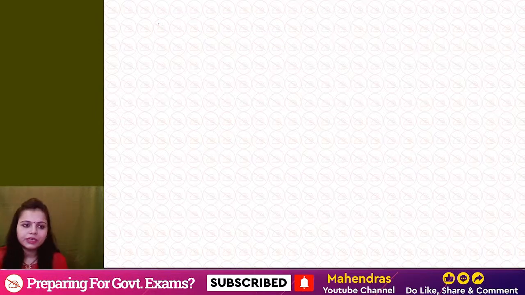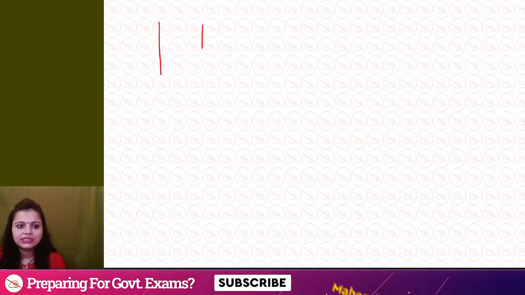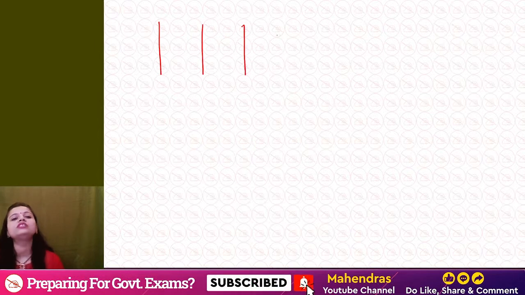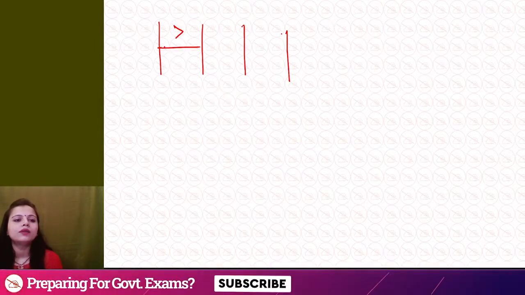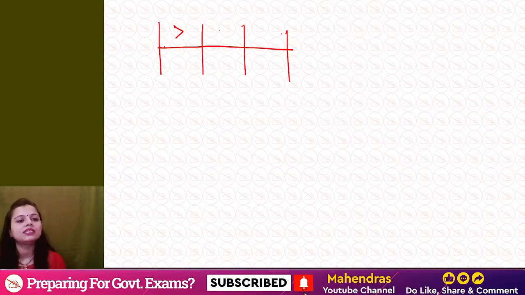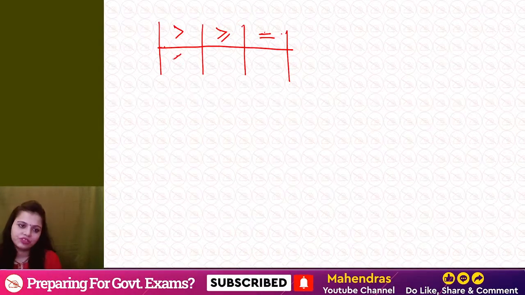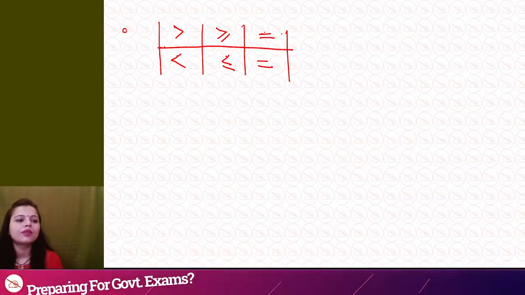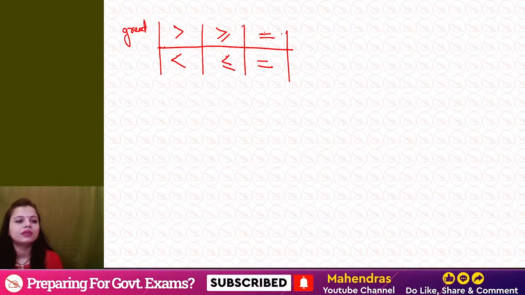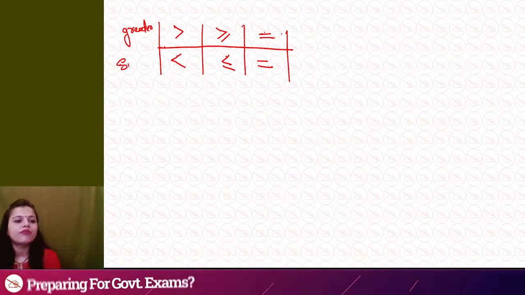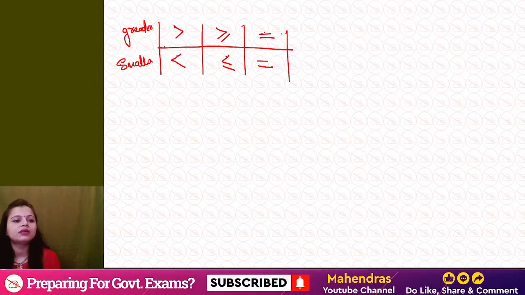First, we are learning these signs with the help of a table. In group 1, we get three signs: greater, greater equal, equal. In group 2, we again get three signs: less, less equal, and equal. These three are the members of the greater family, and these three are the members of the smaller, or lesser, family.